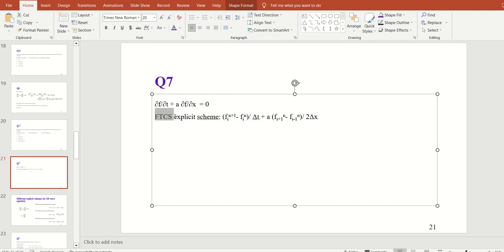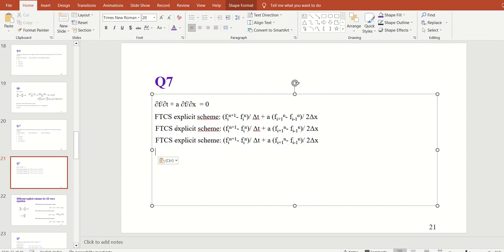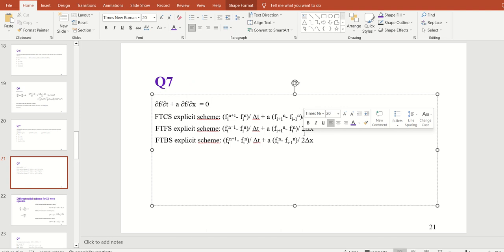And if it is forward time and backward space, what would we get? We have forward time forward space and forward time backward space. It is f_i^(n+1) minus f_i^n by delta t, similarly f_i at n minus f_(i-1) at n by delta x, not 2 delta x.